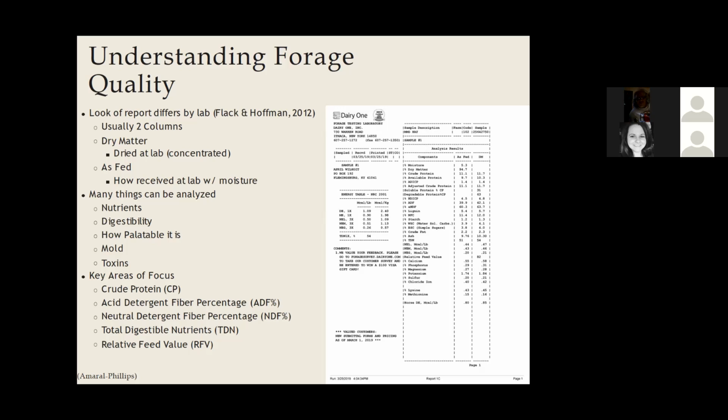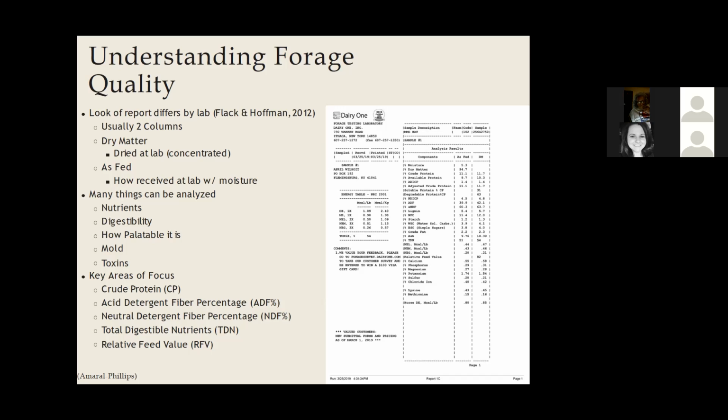The next things we want to look at, there's a lot of things that can be analyzed: nutrients, digestibility, how palatable it is, molds and toxins. Now, those are some other things that can be tested for. But the key areas we focus on and what we most often refer to would be crude protein as the first ingredient.